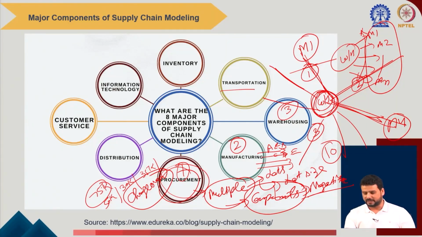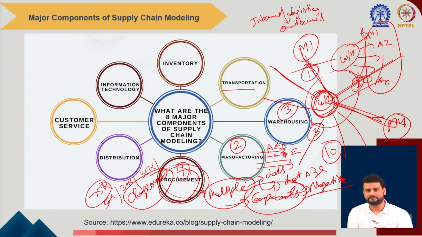Transportation is related to this structure only. I told you that if we compare inbound logistics cost with outbound logistics cost, your outbound logistics cost is always higher. That means you want your warehouse to be very near to your end market, because if you are covering maybe 100 kilometers versus 5 kilometers, the outbound logistics cost is higher.